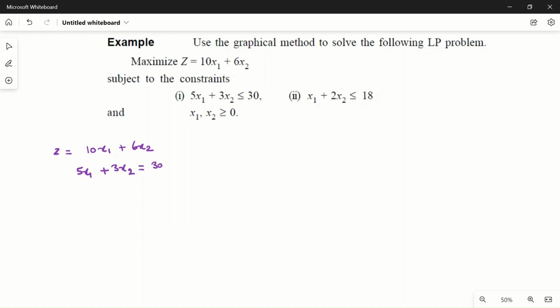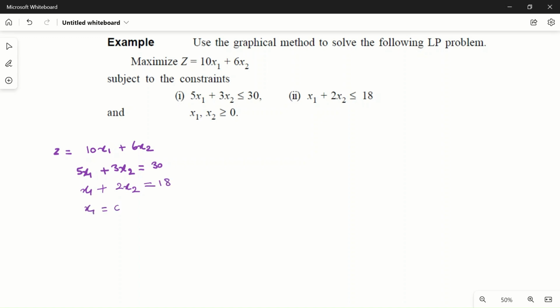We have written the equal sign because first of all we will convert these inequalities into equalities so that we can easily find the points where these lines touch the x-axis and y-axis. Then later on, after drawing the lines and the graph, we will use the inequality sign to find the feasible region. Now the second one is x1 plus 2x2 is equal to 18.